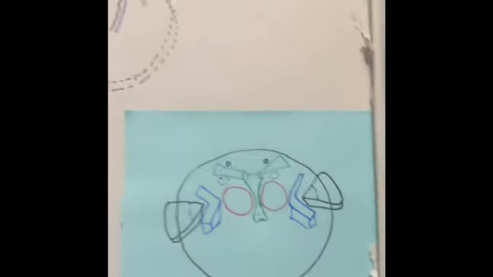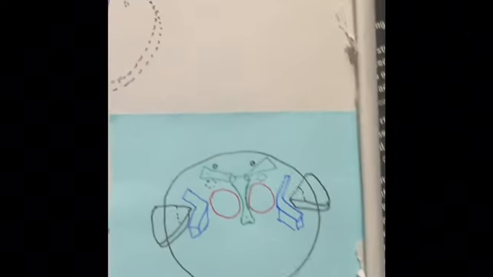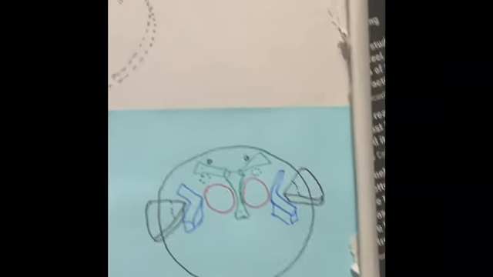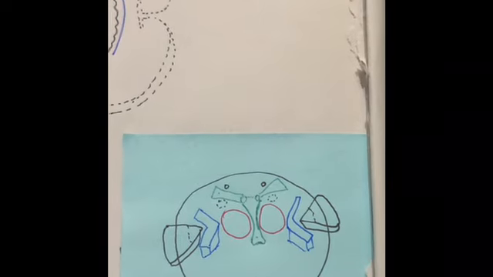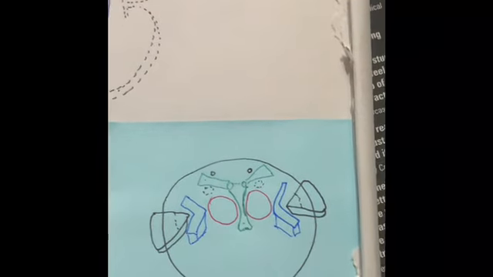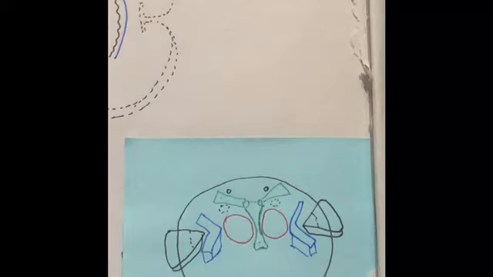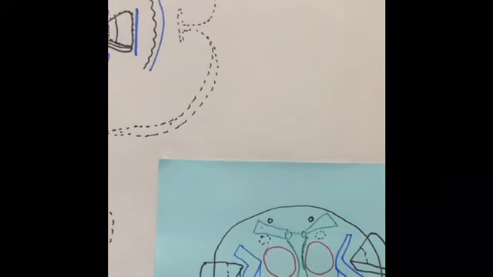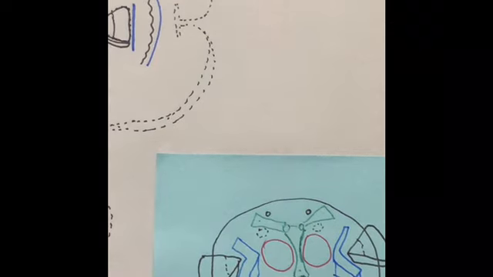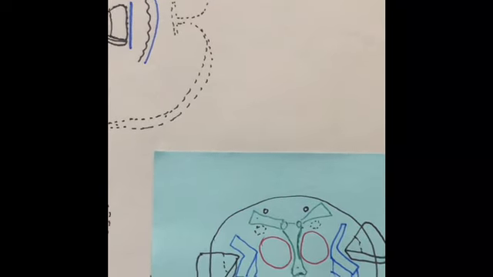And then you go behind the ears, you have the external capsule, the claustrum, the extreme capsule. Just imagine, very under the nose, you have the mouth, which is the hypothalamus. Very under the nose, you have the eyes, the mouth.